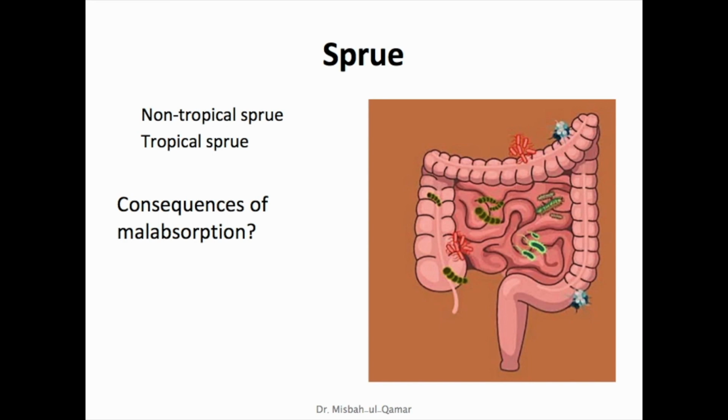Malabsorption by small intestinal mucosa, that is called sprue, and it could be tropical or non-tropical, two types of the sprue. However, the consequences of malabsorption, they are not simply the nutritional deficiency and the macrocytic anemia, but they also include steatorrhea, osteomalacia, and even inadequate blood coagulation.